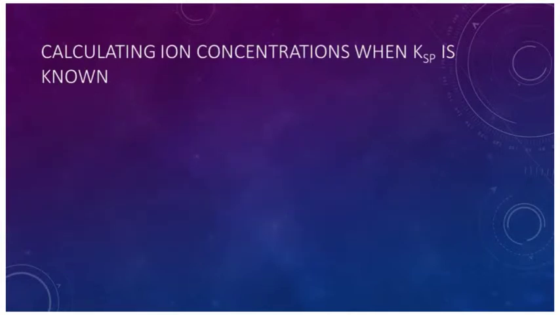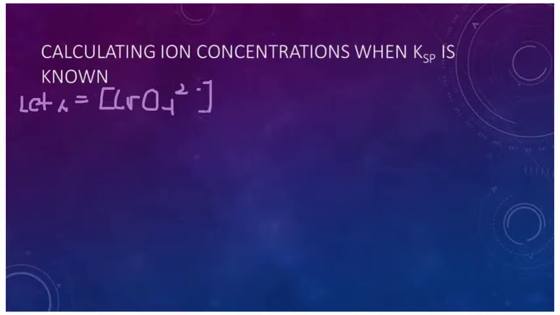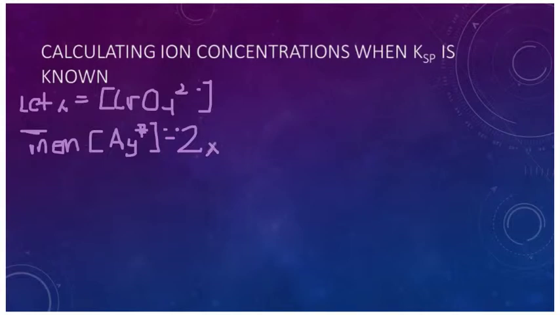So I'm just going to do my work on this page so I have some more room. So we're going to let x be the concentration of the CrO4 2 minus, which means then that the concentration of the silver is 2x. Okay, we had our Ksp from before.